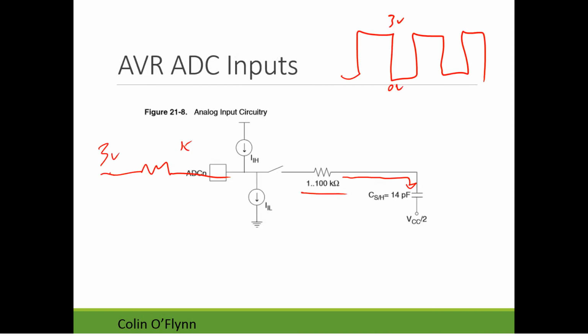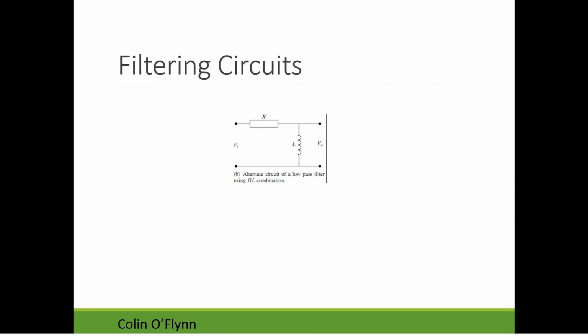The other thing where you can run into this is in filtering circuits, and filters we'll talk about today. They will often present a fairly significant load. So if you have our sensor over here again, whatever the sensor is, the impedance looking into the filter can be quite low, and this will load down your signal.